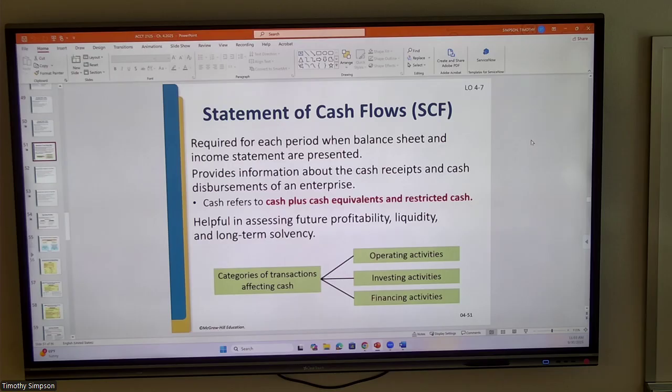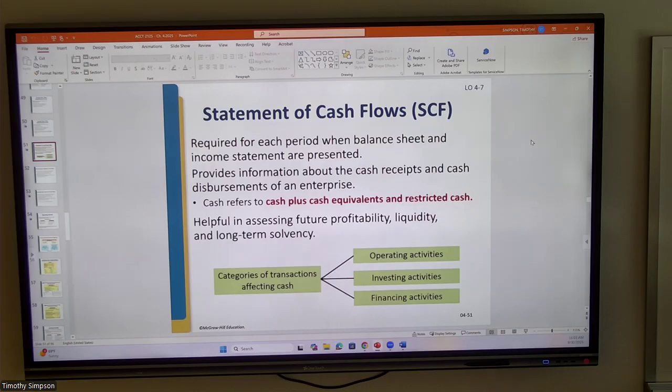All the others flow along with the income statement based on whatever the fiscal year of the company is. And a fiscal year is not always the calendar year. It's in fact not often the calendar year. It could be February 3rd to February 2nd of the next year, right? Who knows what it is, for all kinds of different reasons, but it will mirror the reporting period of the income statement itself. And so it's going to be required whenever we produce a balance sheet and income statement.